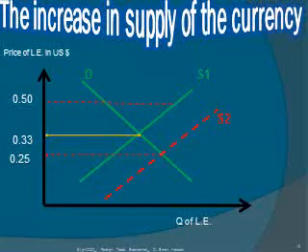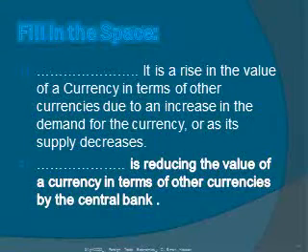But if we have the appreciation of the Egyptian lira, the value of 0.50, it means that the value of one unit of Egyptian lira increases and equals approximately half a US dollar. And it's very important to understand and recognize the difference between them.